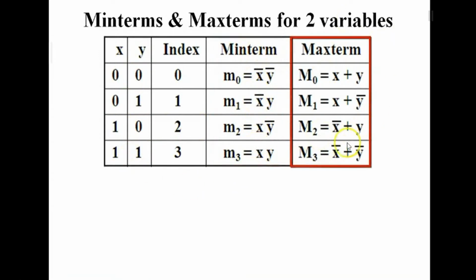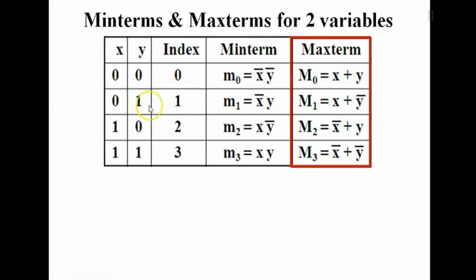In max terms, you just take the opposite of what you've done in min terms. So max terms are sum terms. So you have the plus symbol in all these max terms, which stands for the OR function. And you might see that when the value of the variable is 1, you take the complement here.